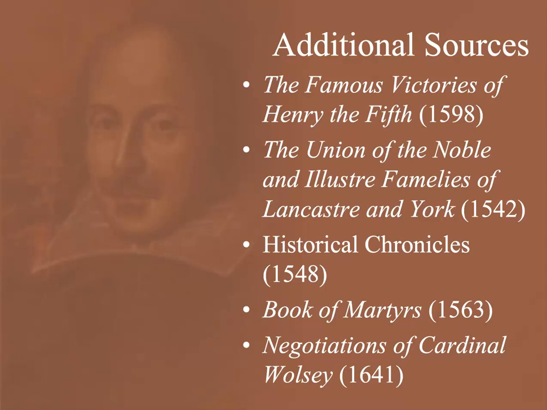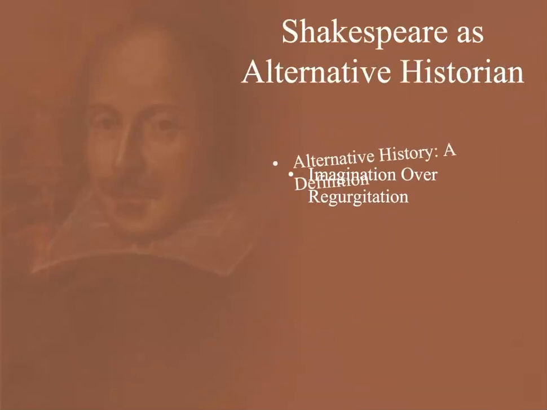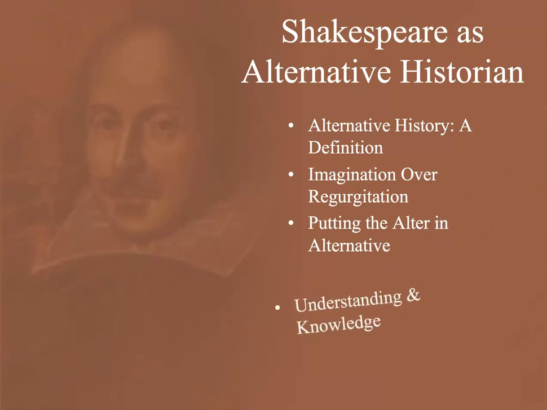In its manuscript form, not published until 1641, George Cavendish's Negotiations of Cardinal Wolsey may have been an indirect source. And these are just to name a few of the other primary sources that Shakespeare pulls from.